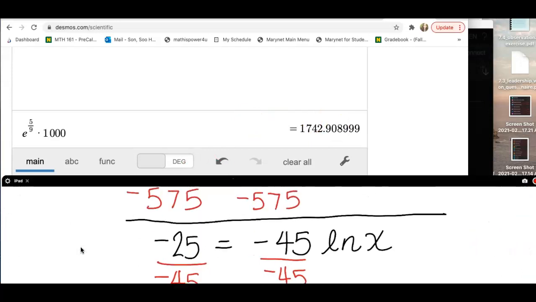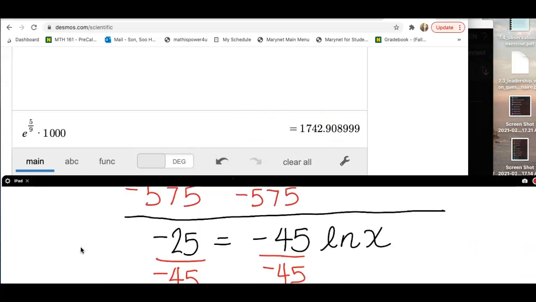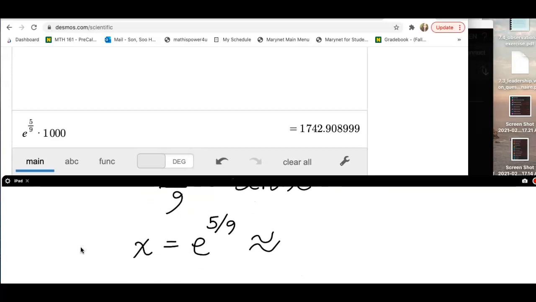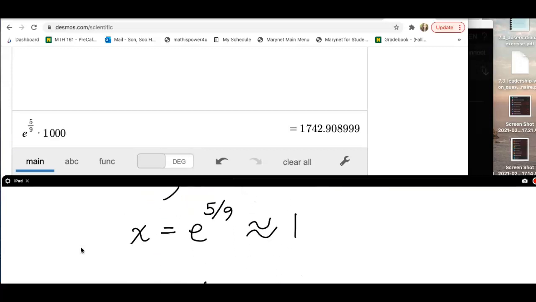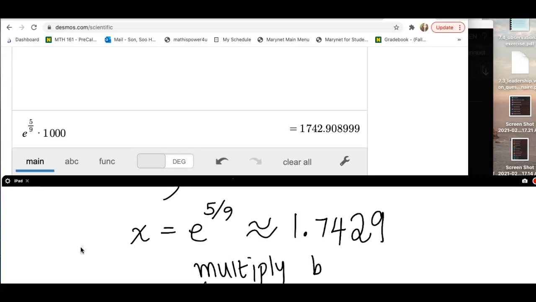I would usually round up. The decimal was 1.7429, but we need to multiply by 1,000. That's why we got that answer, guys.